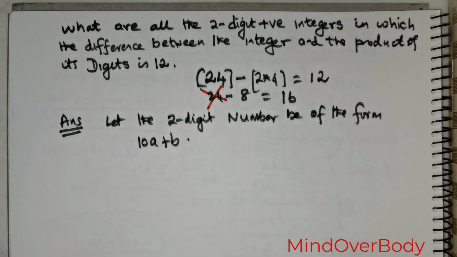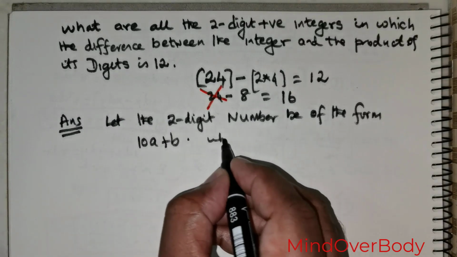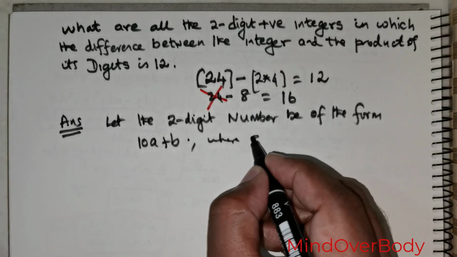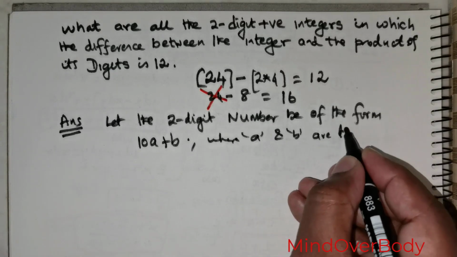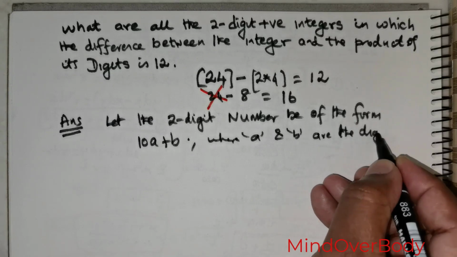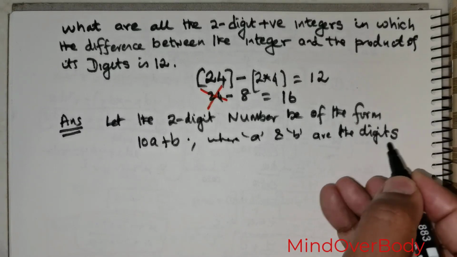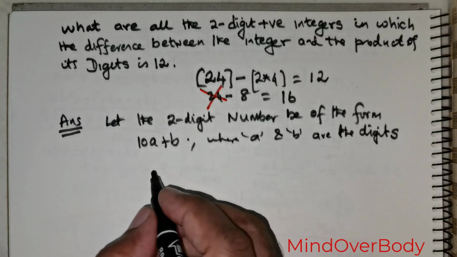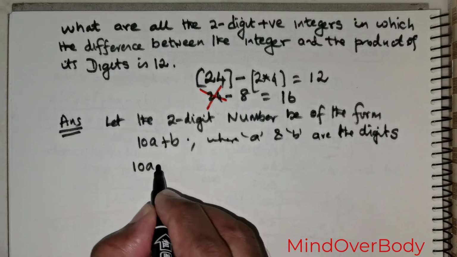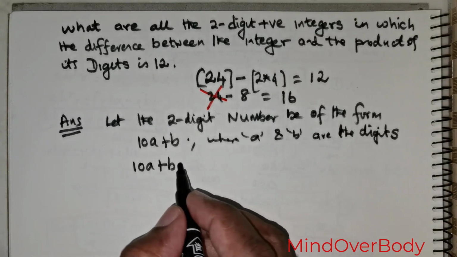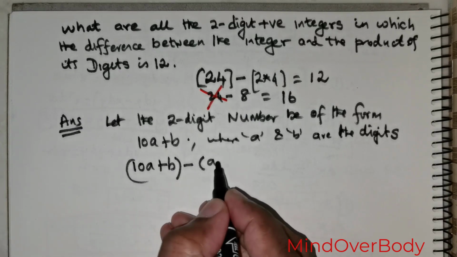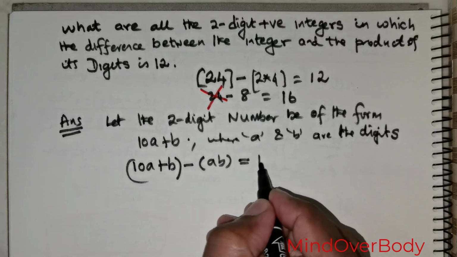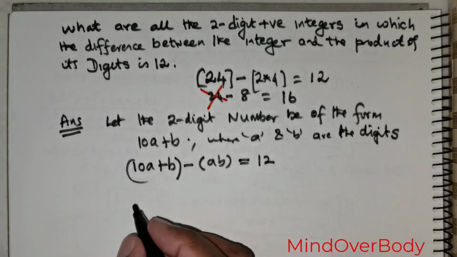This is a two-digit number where a and b are the digits. Fair enough, right? Now we are looking for something of this fashion: the number minus its product of digits should be equal to 12. This is what is required.